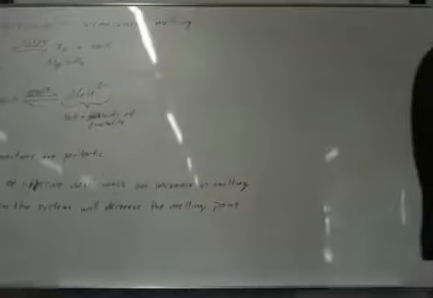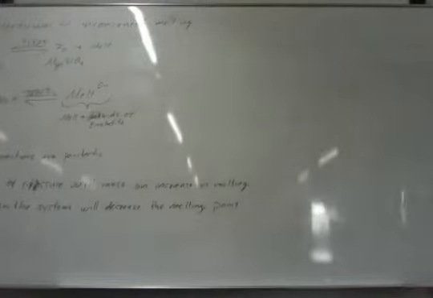So what does this mean? If you have water in the system, then you will start melting at lower temperatures. If you do not have any water in the system, then your melting point goes to higher temperatures.